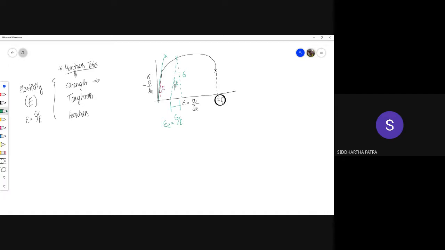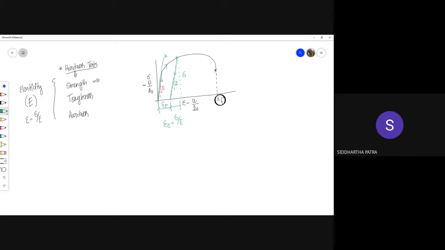And the part that cannot be recovered after unloading, so if I load along this curve and try to unload, the material follows a curve something like this green line right here. The part of the strain that could not be recovered is the plastic strain.